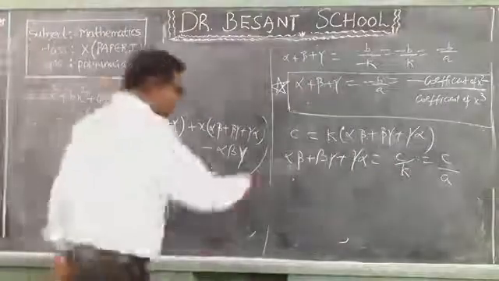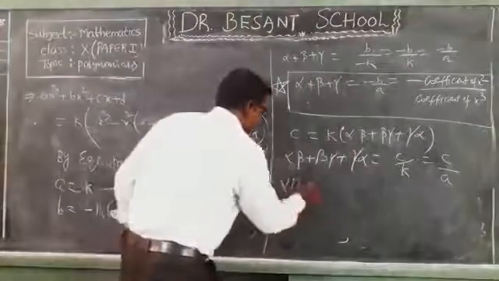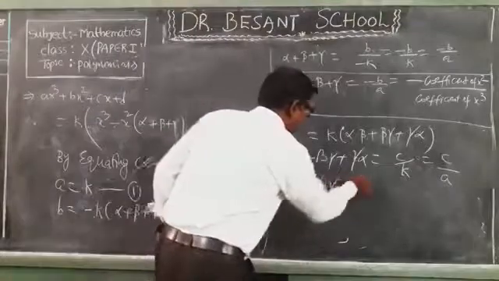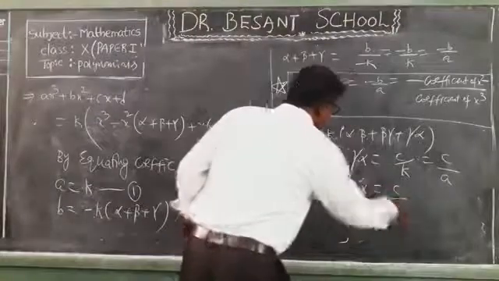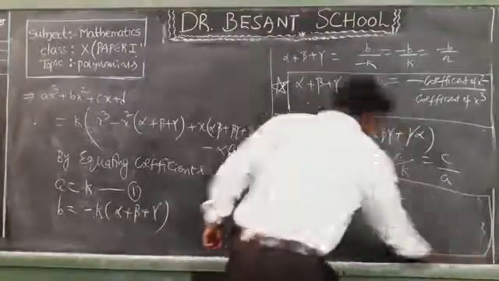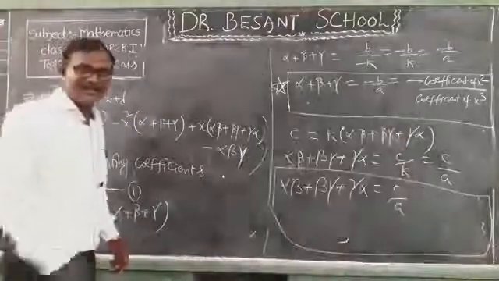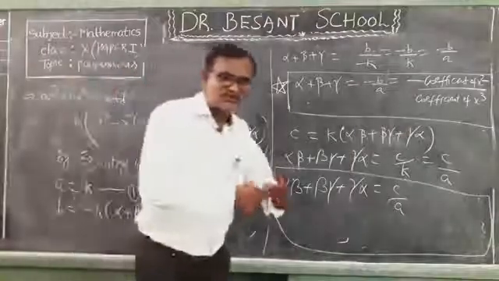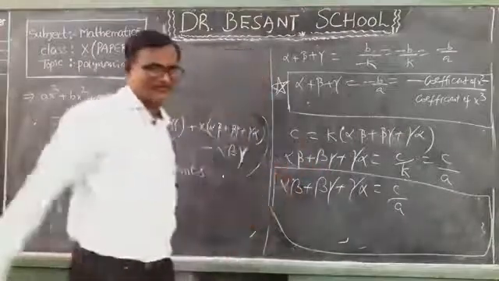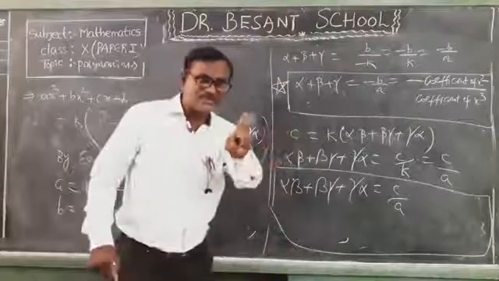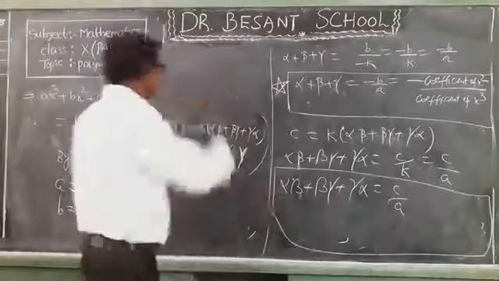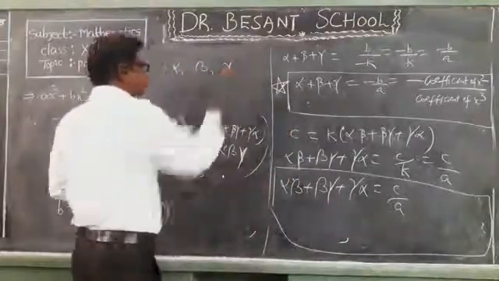Now what we have? Alpha into beta plus beta into gamma plus gamma into alpha is equal to c by a. So this is the second formula: the sum of products of zeros taken two at a time. We have alpha, beta, gamma as three zeros.